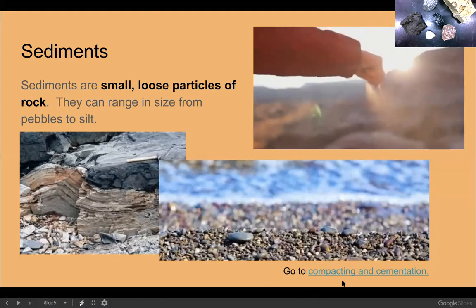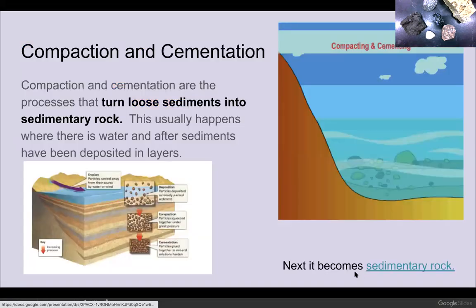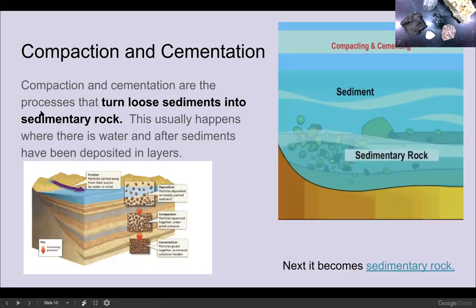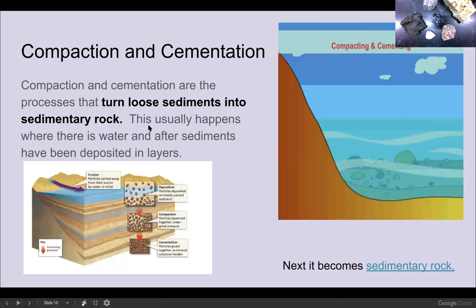So the next stop on the rock cycle is called compaction and cementation. This is a process that takes sediments and turns them into sedimentary rock. This usually happens where there's water and after sediments have been deposited in layers.